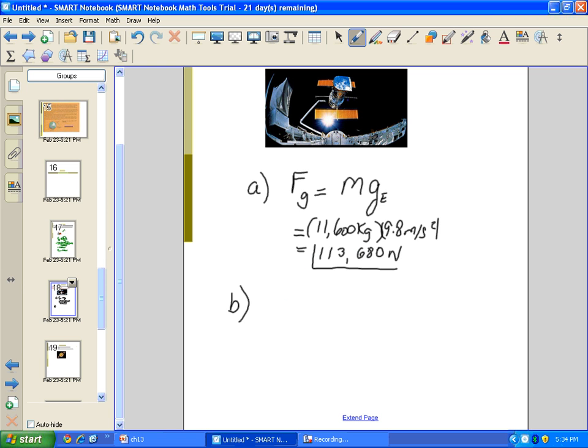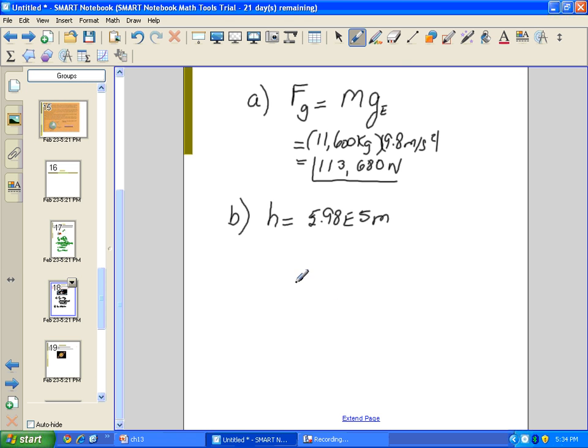Well, what about when Hubble is at its orbital altitude? Here we're told the orbital altitude is 5.98 e to the 5 meters. Now keep in mind that what this represents, if this should be the Earth right here with its radius r sub e, Hubble is placed someplace out here where the altitude h is from the surface of the Earth to the location of Hubble.